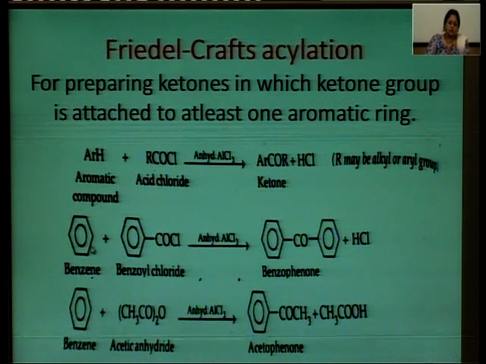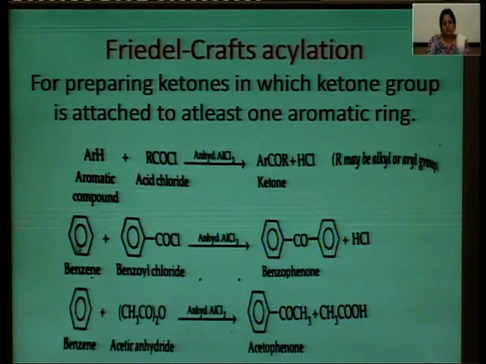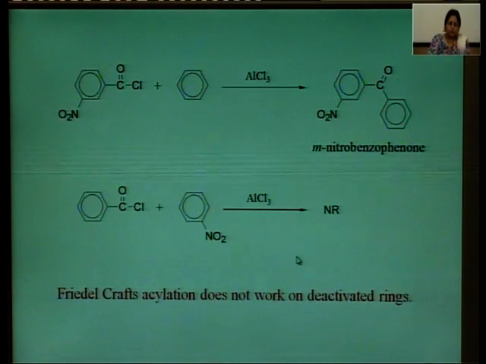For example, benzene when treated with acetic anhydride in the presence of anhydrous aluminium chloride forms acetophenone. But when benzene is treated with benzoyl chloride in the presence of anhydrous aluminium chloride, it forms benzophenone.